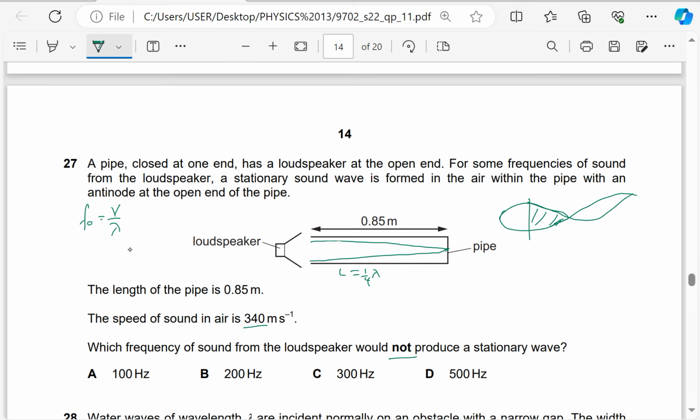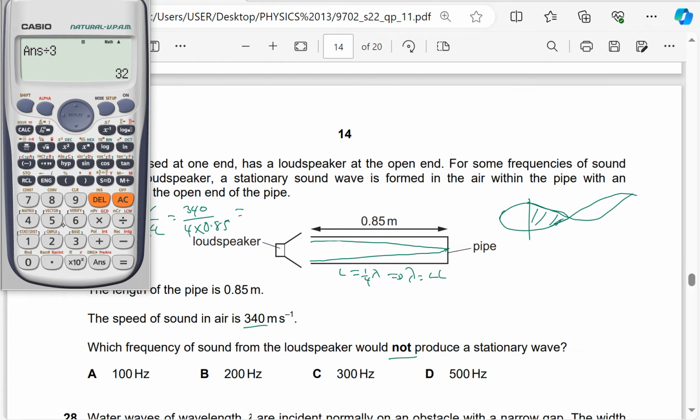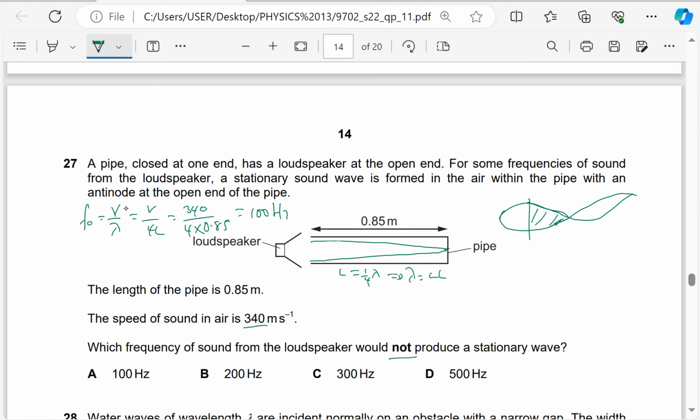So the wavelength here is going to be 4L, so it will be v over 4L. For the fundamental mode, v is 340 divided by 4 times the length, which is 0.85. So the fundamental frequency is 100 Hertz.